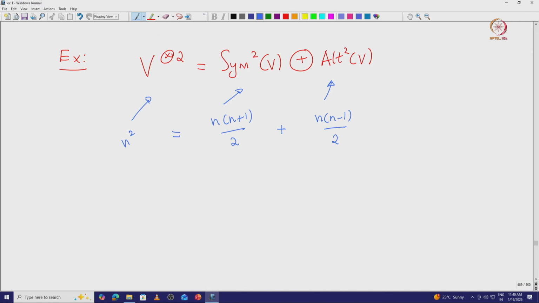So, it is enough to prove that V tensor 2 is the sum of these two spaces, and that follows from the following basic identity.